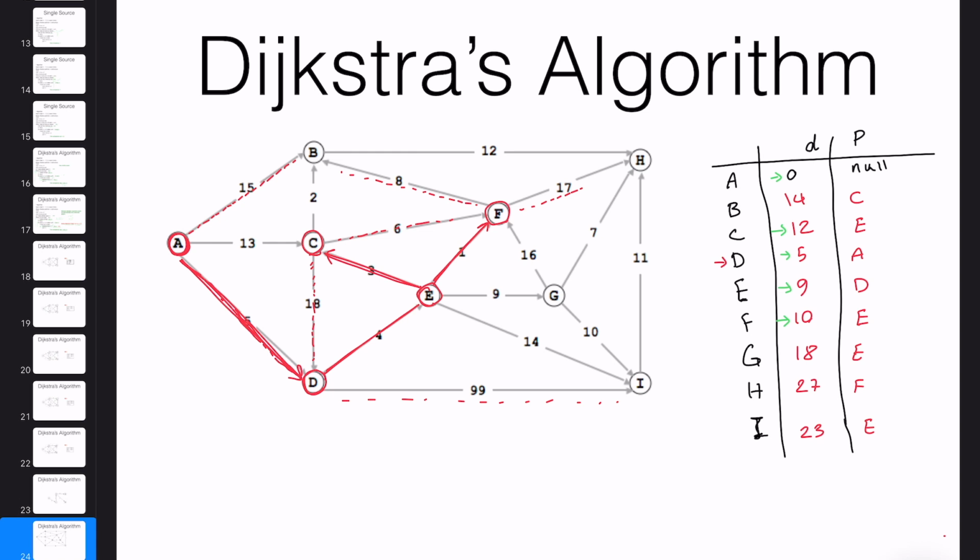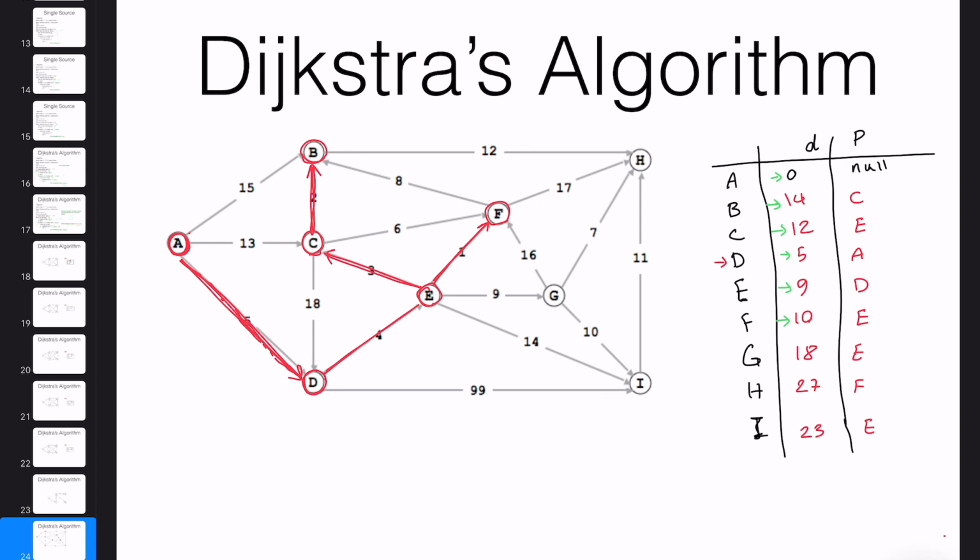Let's check the priority queue and remove the node with the minimum distance, which this time is going to be the node B. And what is the parent of that? That's going to be this edge. So I'm going to remove all these additional edges. They were not really a part of the tree, but anyway.